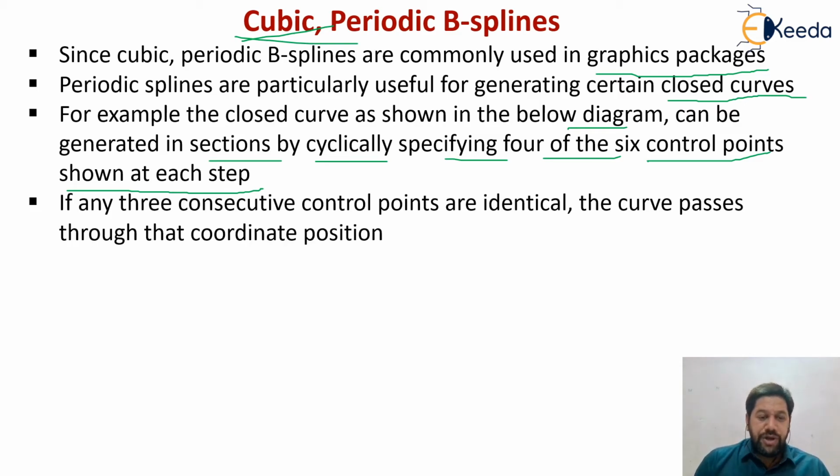If any 3 consecutive control points are identical, and this is very important, the curve passes through that coordinate position. If 3 consecutive control points are the same, then definitely the curve passes through that coordinate position.